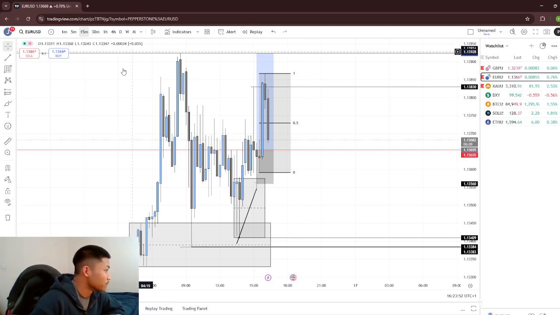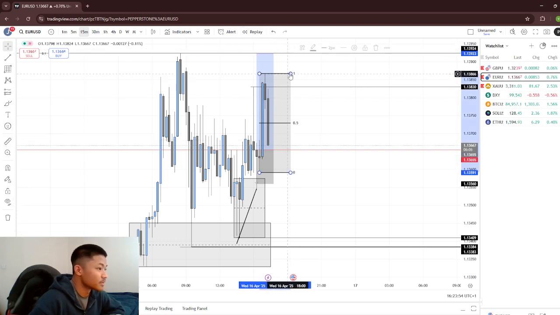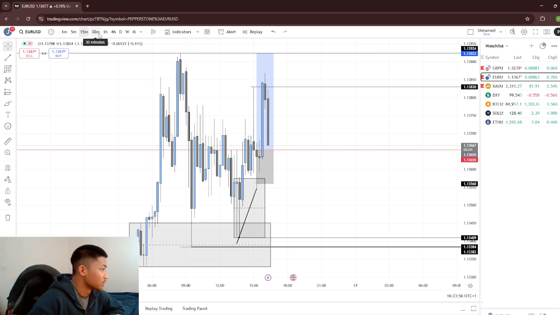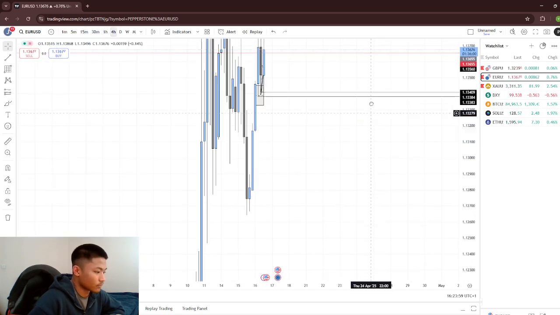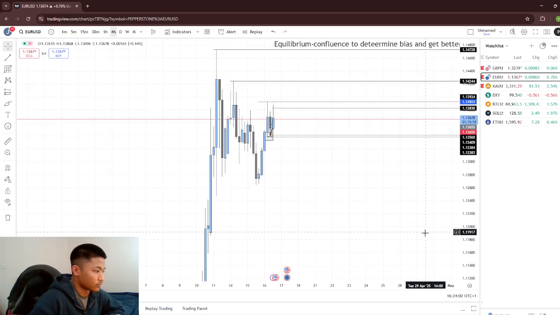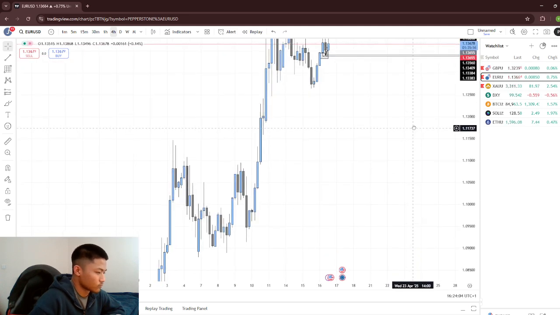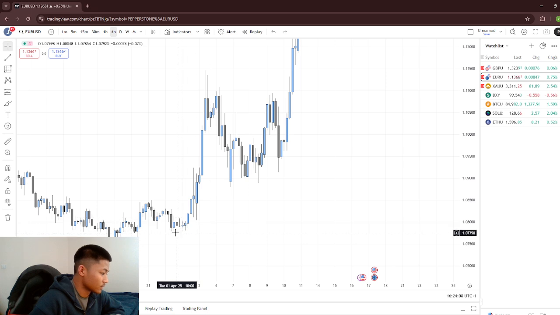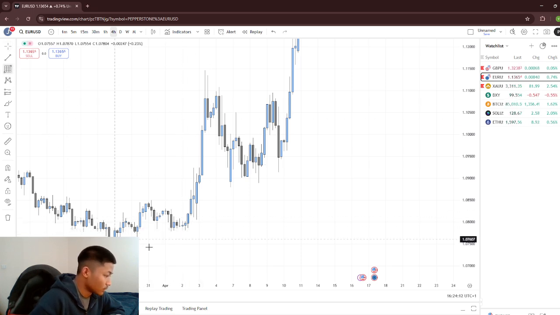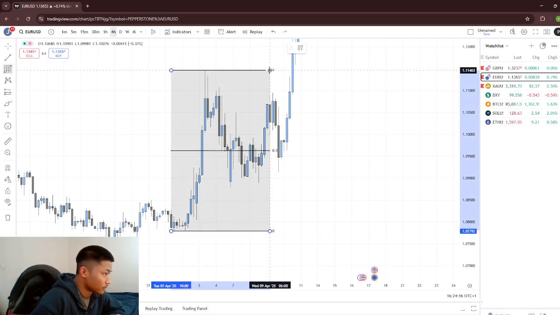But equilibrium's best with high time frames. Like, let's say we go in the 4 hour. And we see ourselves, okay, so this swing low to that swing high.